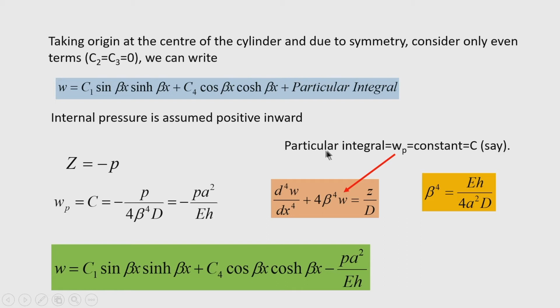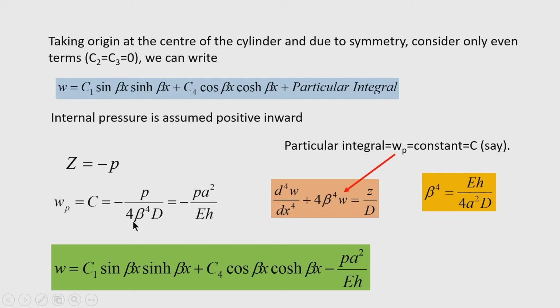According to the theory of undetermined coefficients in linear differential equations, we now assume that the particular integral Wp is a constant C. So, substituting C in this expression, because C is a constant, when it is differentiated, you will get 0 here, but here you will get 4β⁴ into C, and β⁴ is nothing but Eh divided by 4a²D. So, Wp, that is the particular solution, is nothing but C, which now comes out as minus P divided by 4β⁴ into D, where D is the flexural rigidity.